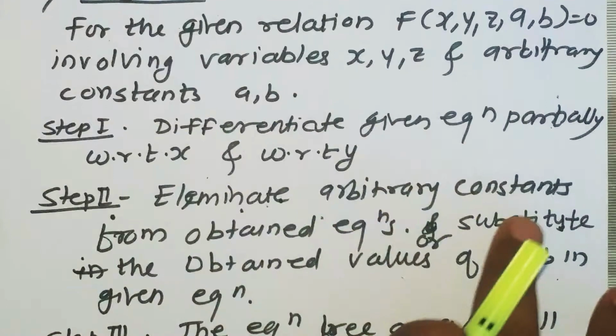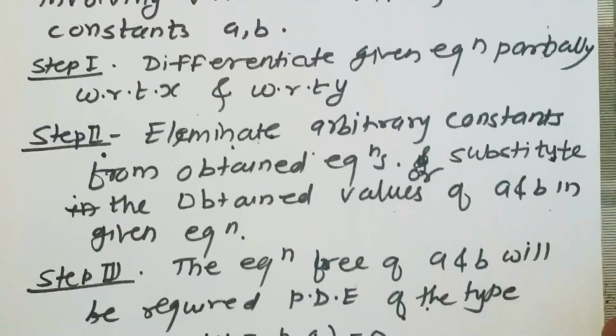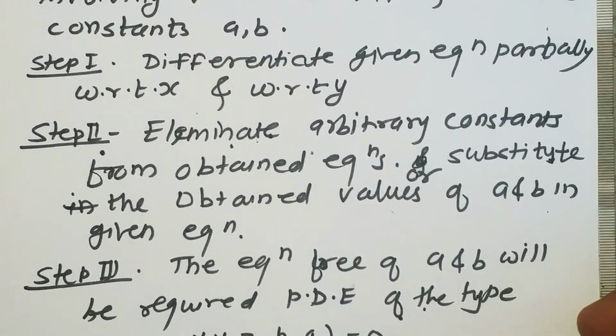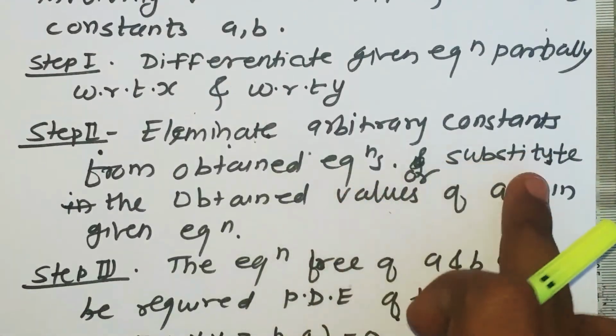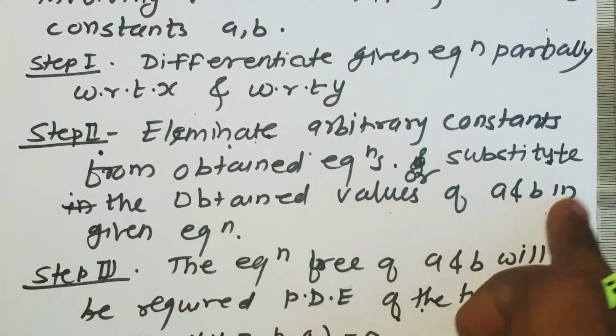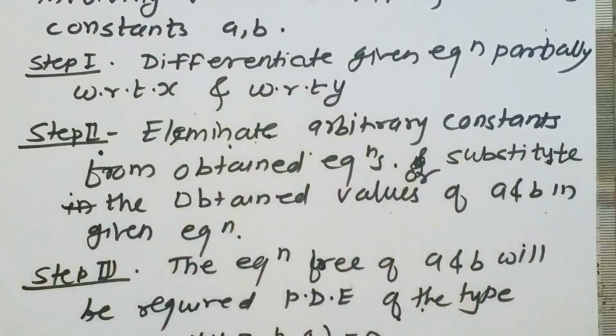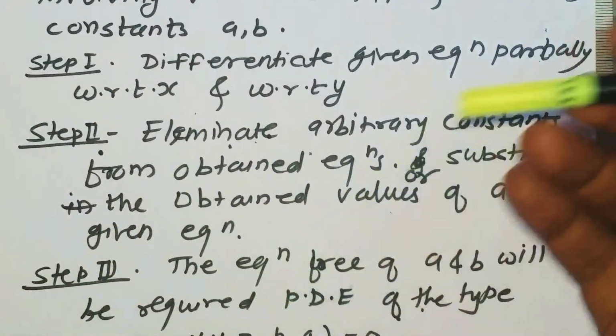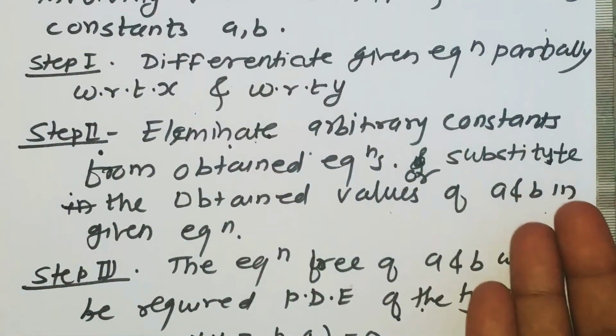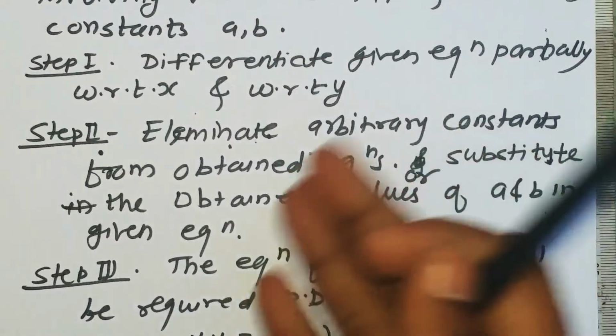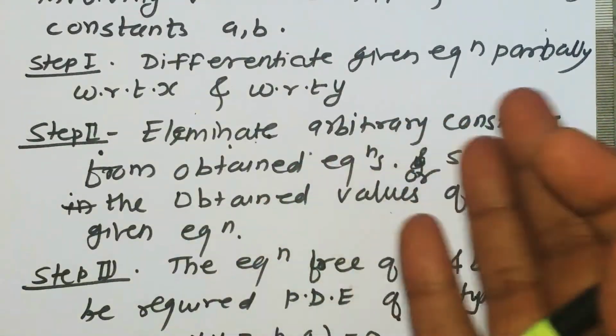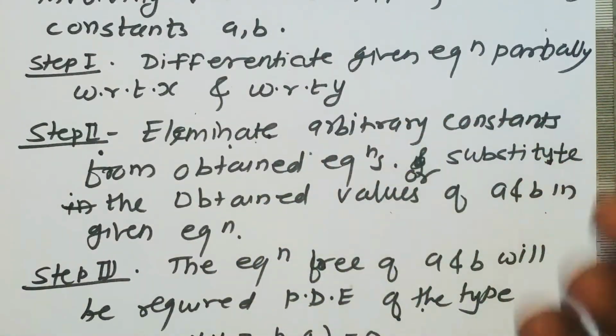Now step 2, eliminate the arbitrary constants from the obtained equations, or substitute the obtained values of a and b in the given equation. The meaning of this is we need to find the values of arbitrary constants a and b in terms of x, y, z or partial derivatives, whatever we get.